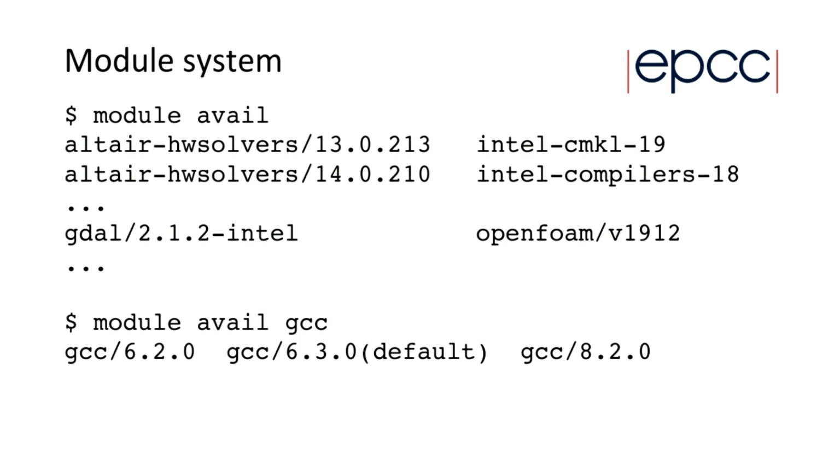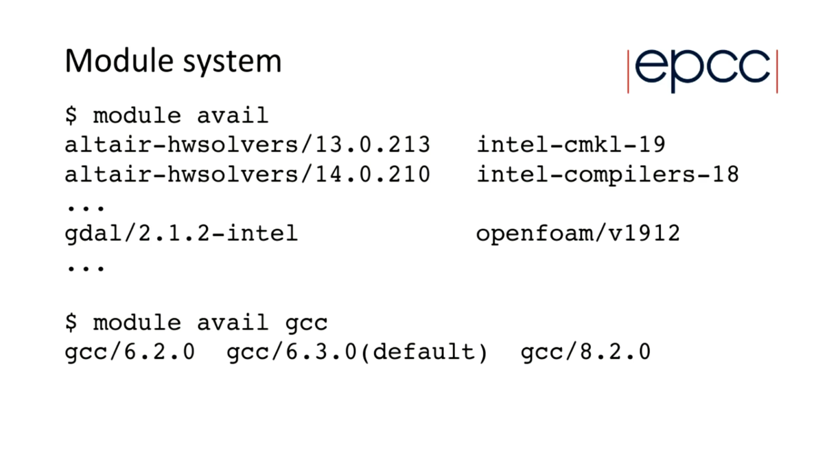So in terms of what software is available on the system, this is a standard module system. So if you do module avail, you'll get a big list of all the available modules, which I've edited somewhat here to make presentable.